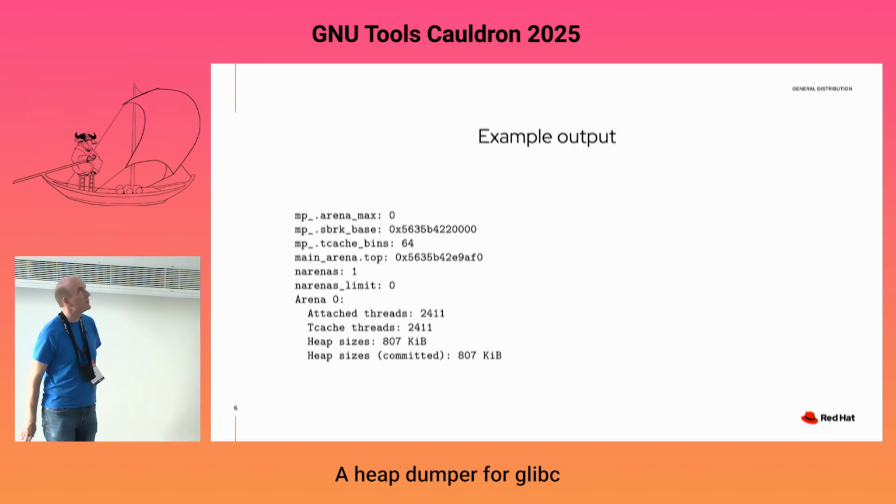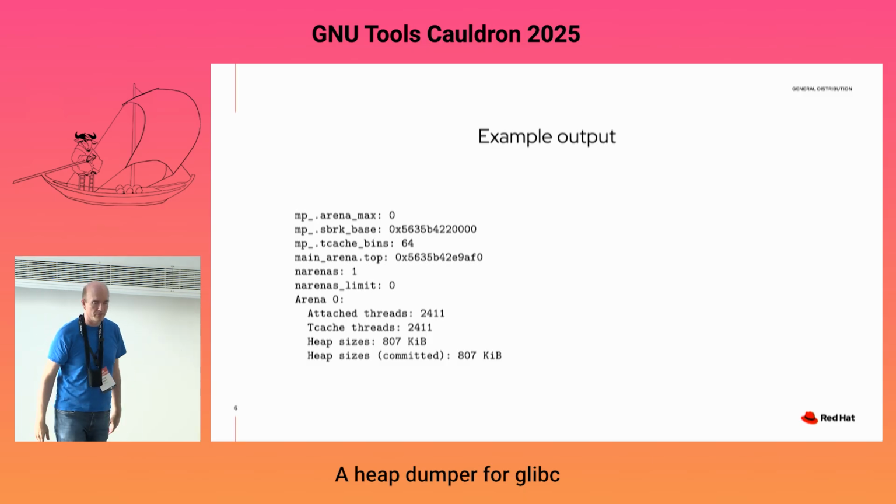I've got some example output here. It should be large enough. It just shows, I think this is for PID 1 init. No, it can't be. It's some other process. I don't remember which. It shows first some general metadata from the allocator to make sure we got some useful data out of the whole thing.